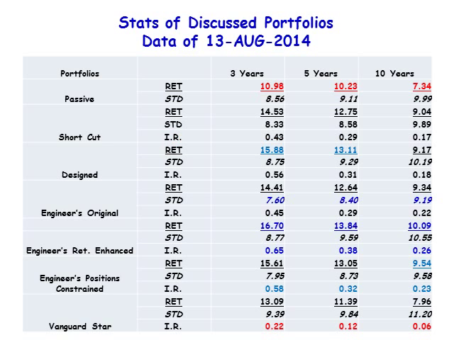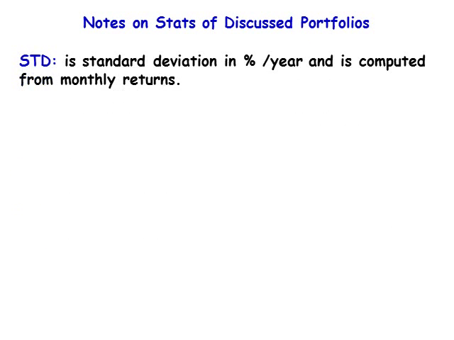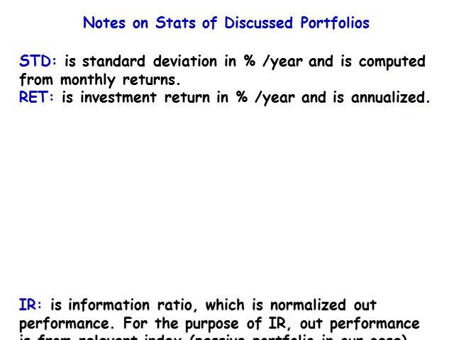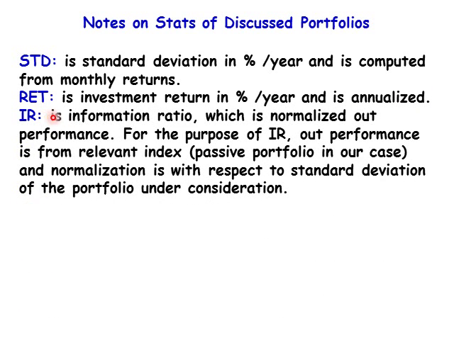Let's continue. Standard deviation is in percent per year and is computed from monthly return values. Return is investment return in percent per year and is annualized. And IR is information ratio, which is normalized outperformance.